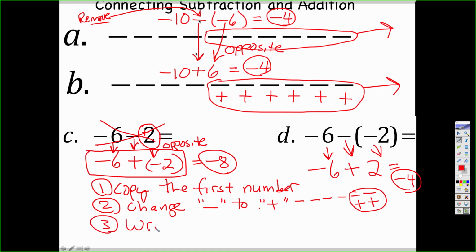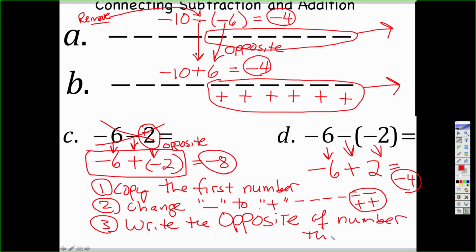Okay, and three, write the opposite. Okay, that's the one sometimes we forget. Opposite. If it's positive, you make it negative. If it's negative, then you make it positive. Of the number that was being subtracted.